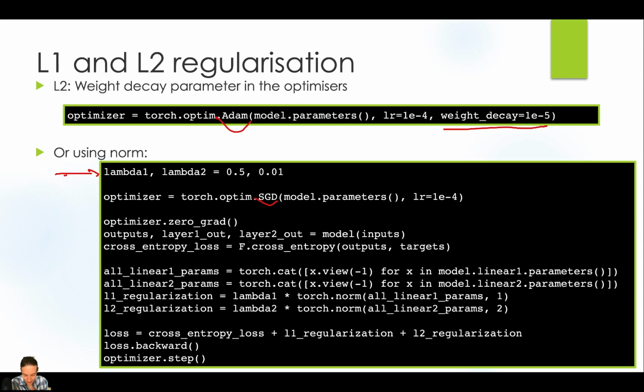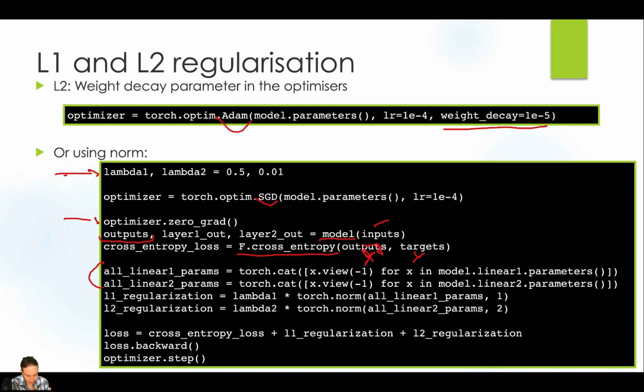We reset our gradients, so we sort of reset the training. We do a forward pass to get the outputs based on the model given some inputs. We calculate cross-entropy loss. So to calculate loss, we need the predicted y hat and the target y, the real labels.